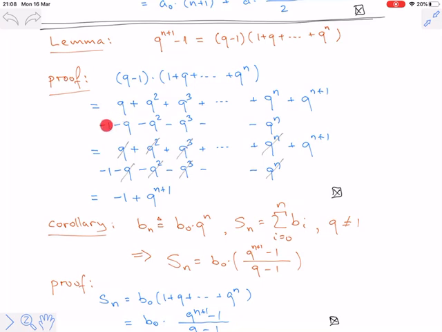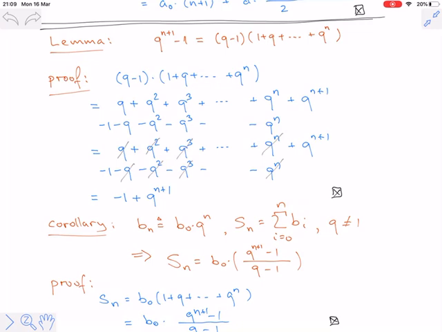So I get minus 1 minus Q squared up to minus Q to the power of n. I notice that things cancel out. The Q cancels with a minus Q. The Q squared cancels out with a minus Q squared, and so on. The Q to the power of n cancels out with the minus Q to the power of n, and I'm left with the minus 1 over here and the Q to the power of n plus 1 over here, and that's exactly what I wanted to prove.